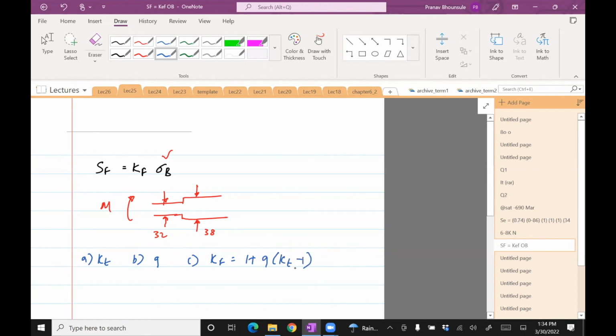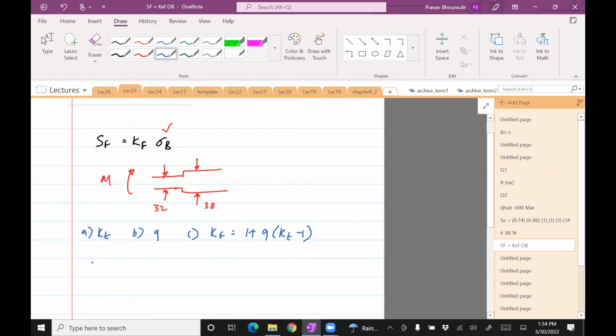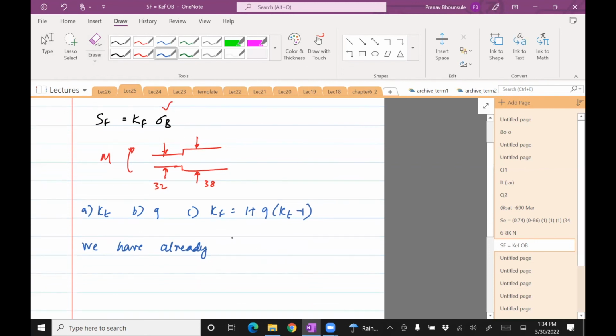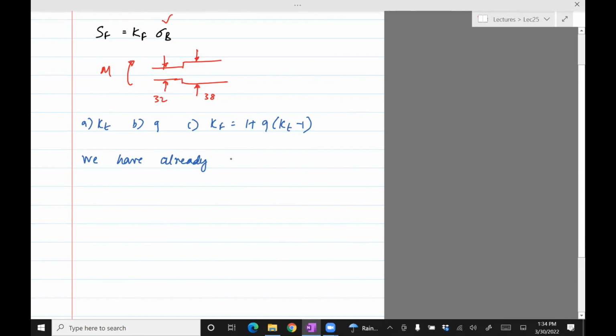So luckily, we have done this calculation in the first problem. We took a similar geometry and computed it. We have already computed Kf for this geometry in Q1.